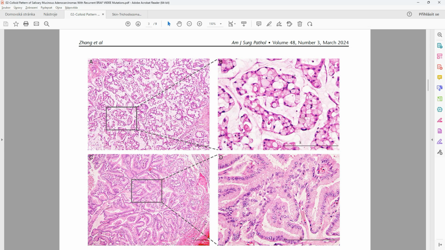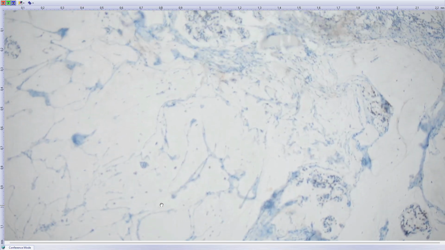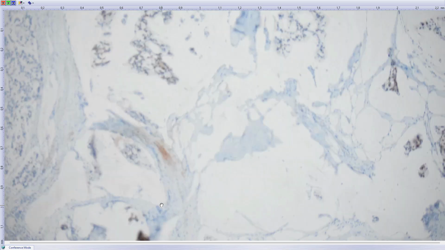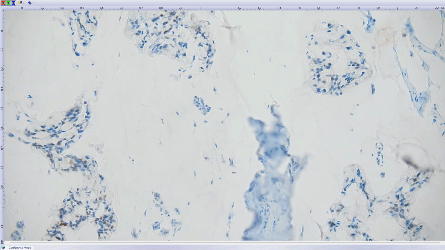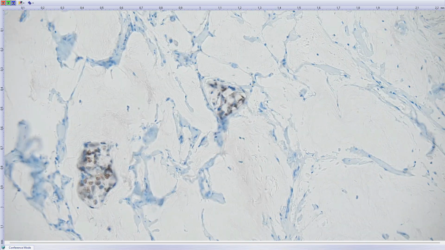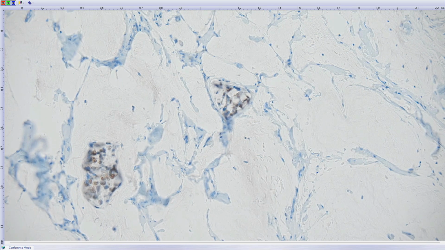Because it's a very old case, we could not prove BRAF mutation by genetics, but we did immunohistochemical staining for BRAF mutation, and we found very nice intranuclear positivity in this tumor. Yeah, you can see it. So, the BRAF mutated primary colloid carcinoma of salivary gland. I think that BRAF is not mutated in any other colloid carcinomas elsewhere in the body, so that we can nicely say that it's the primary lesion of salivary gland.